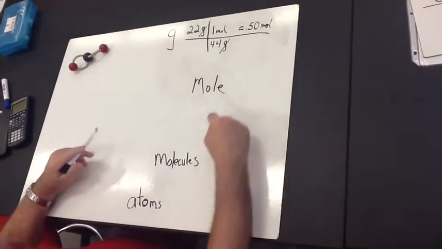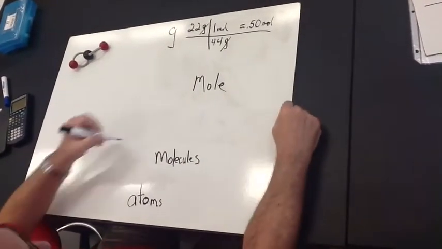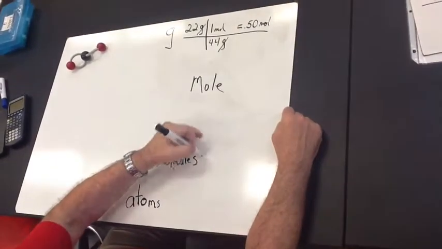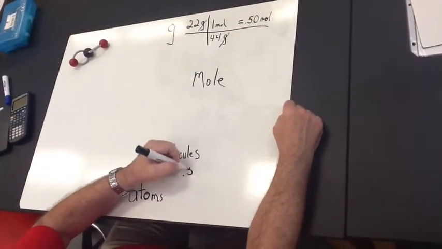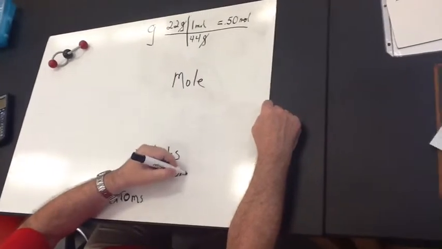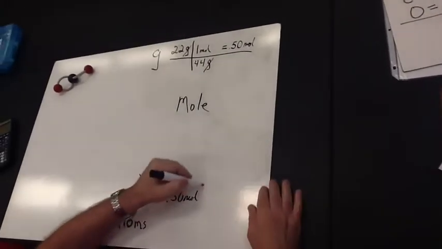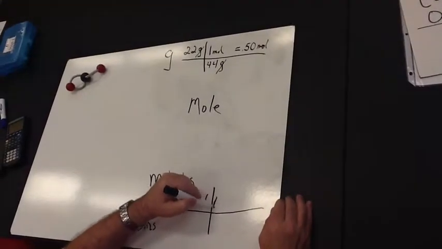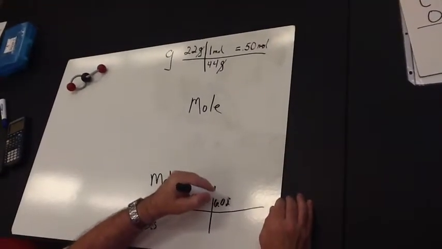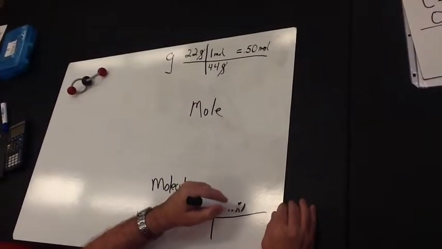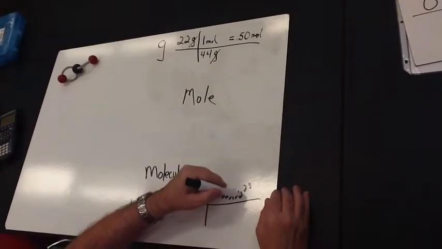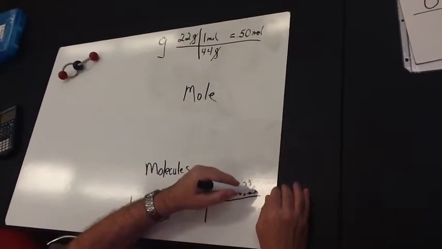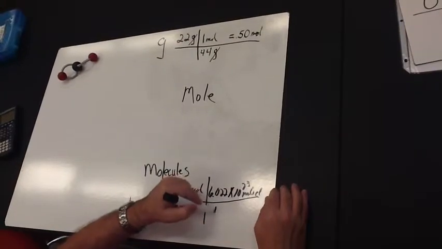So to take that information, the 0.50 moles, and put that into our T-chart, 6.022 times 10 to the 23rd molecules over 1 mole.